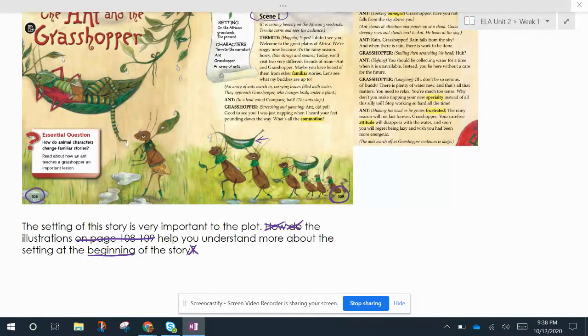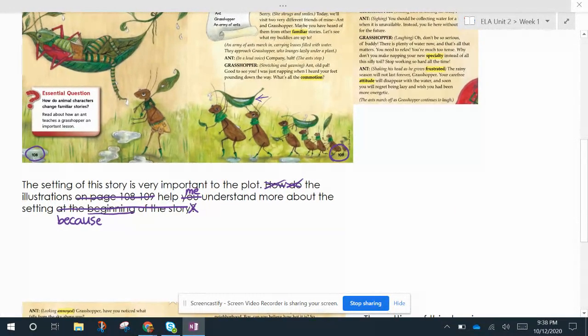I'll include that information when I cite evidence. So the illustrations help me to understand more about the setting because, and then I'm going to go ahead and take out that part too. Actually, I'm not going to take out all of that. I'm just going to take out of the story.